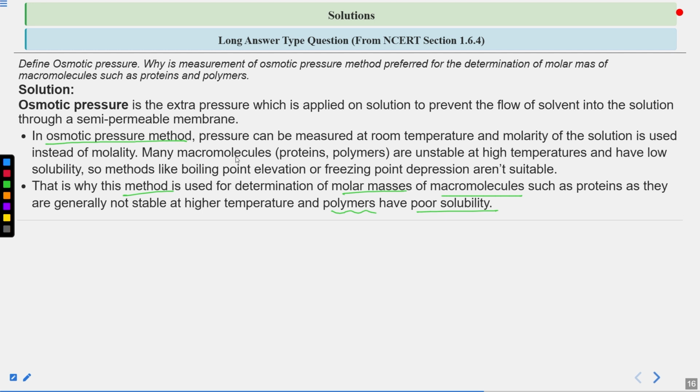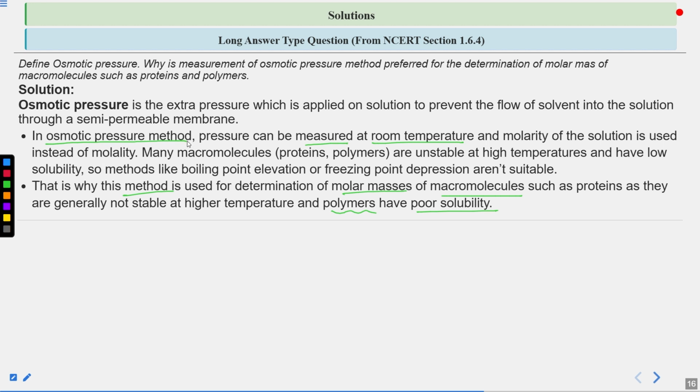So that is why for the molar mass measurement, we use the osmotic pressure method, because in this method we can measure at room temperature. That means they will be soluble and stable. When the temperature increases, the solubility decreases for macromolecules, and this is not the case in the osmotic pressure method.